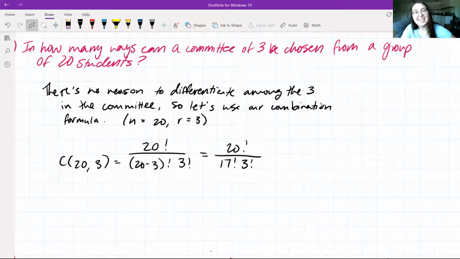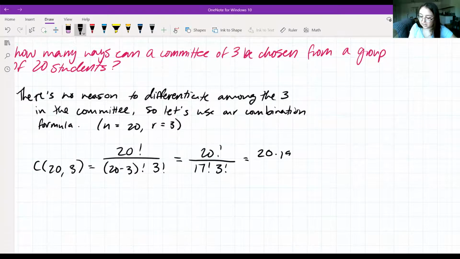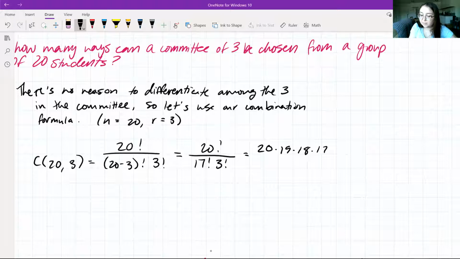Once again, if you have an online calculator or you would like to calculate this value just from this point on, feel free to do that, but we'll do it by hand. So when we separate this, we get 20 times 19 times 18 times 17 factorial, divided by 17 factorial times 3 factorial.